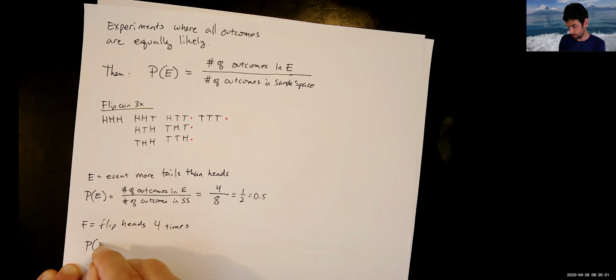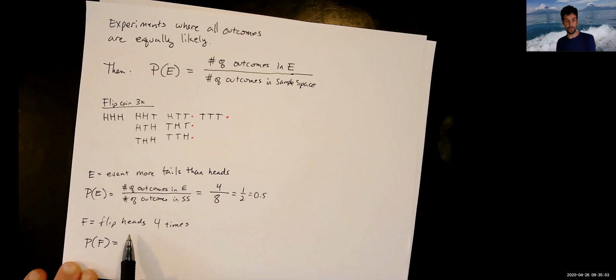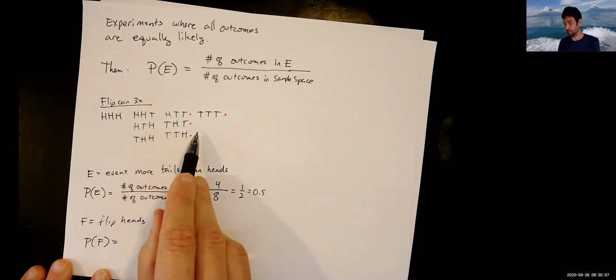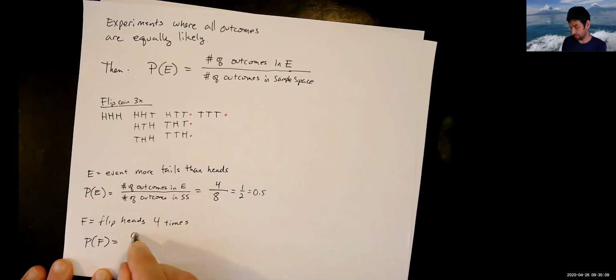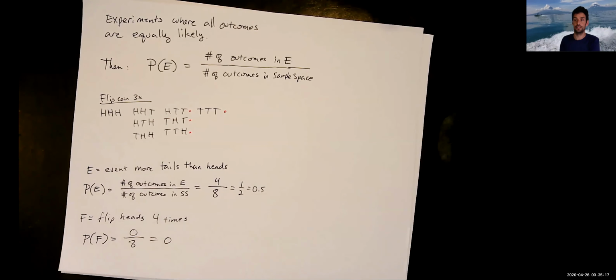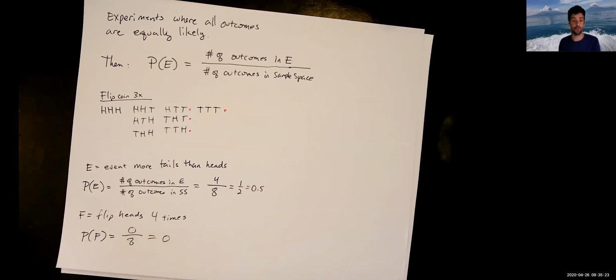So the probability of F, well, this is a silly example. There are no outcomes where I flip heads 4 times. There are still 8. 0 divided by 8 is 0, right? Just showing you how this works out with that idea of impossible events. The smallest this number can be, the 8's never going to change, and when we're counting outcomes, there's never going to be less than 0. I can't have negative outcomes.